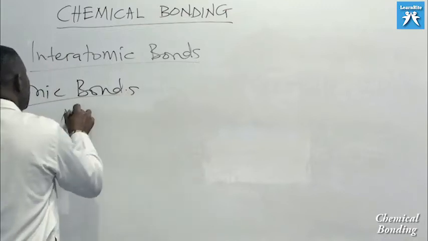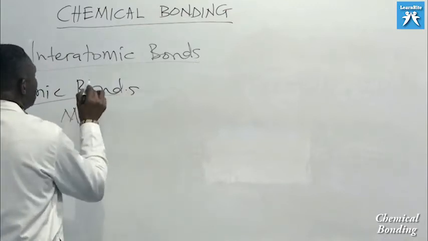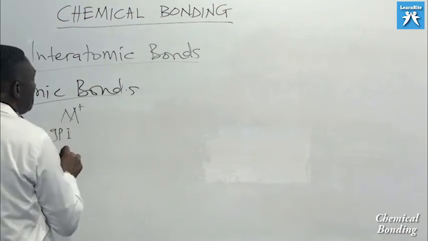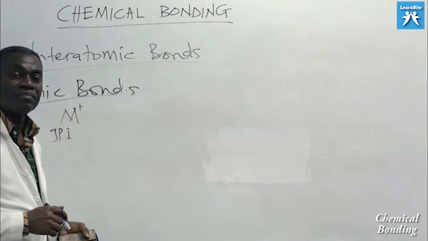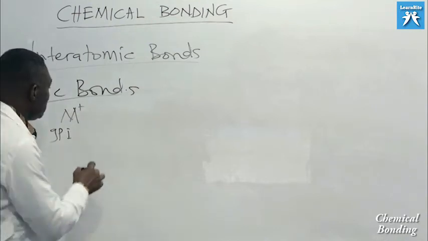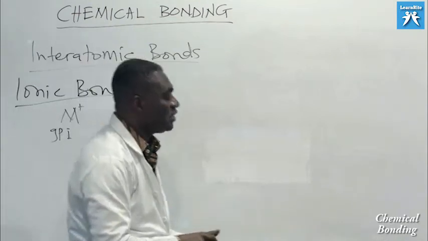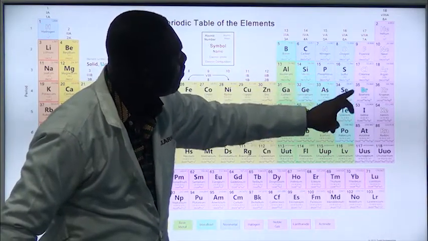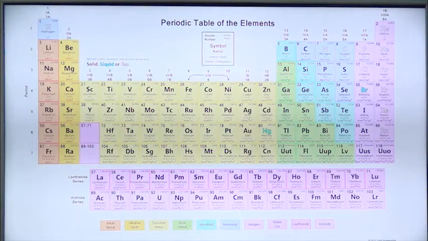Here I'm going to write my M+, referring to group 1. I want to form a compound with a group 6 element. Group 6 element, where does it start from? Oxygen. Okay, group 6: oxygen, sulfur, selenium.